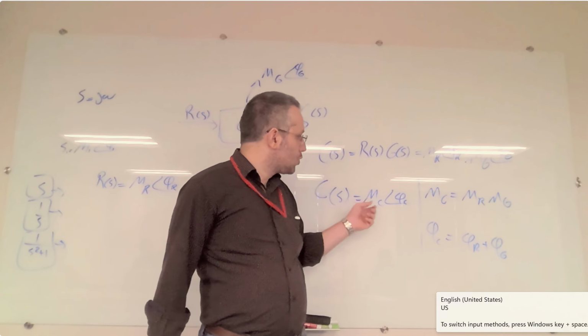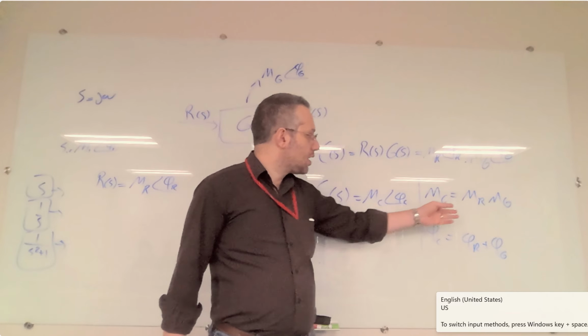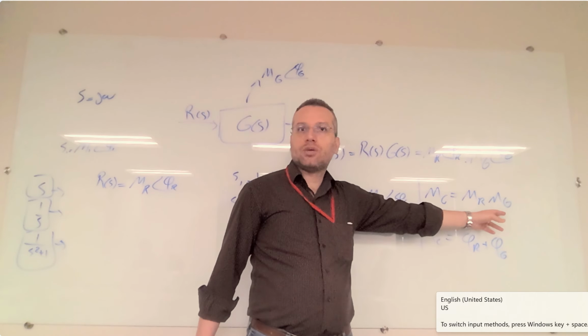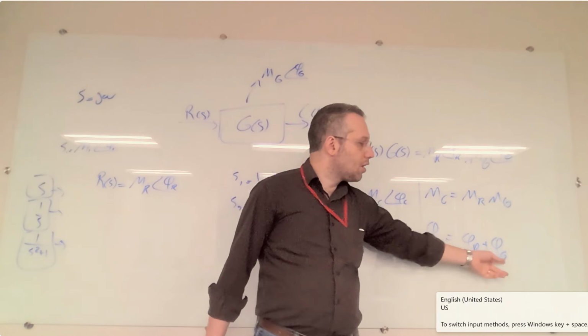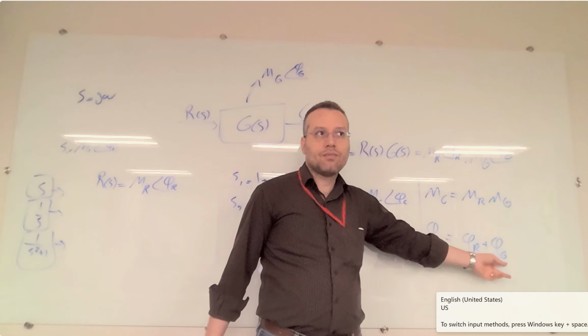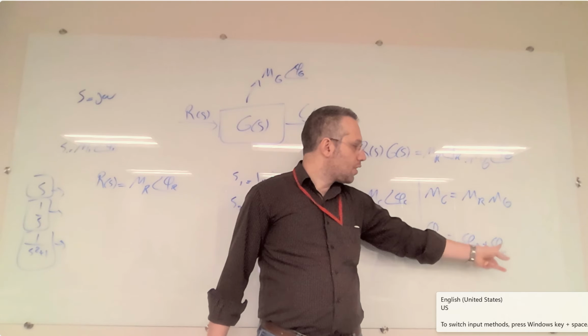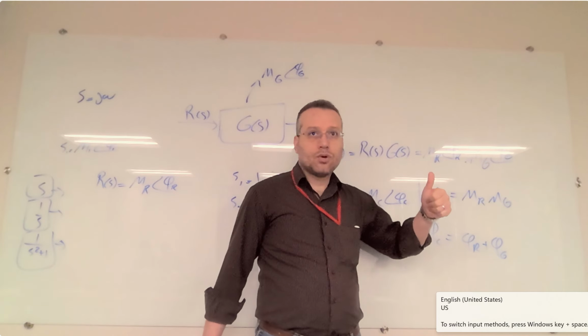Because eventually the output magnitude of that phasor is going to be the multiplication of the input times that transfer function magnitude, and the phase is going to be the summation of the input and system phase. So all I need to do is to find this, and then I'm good.